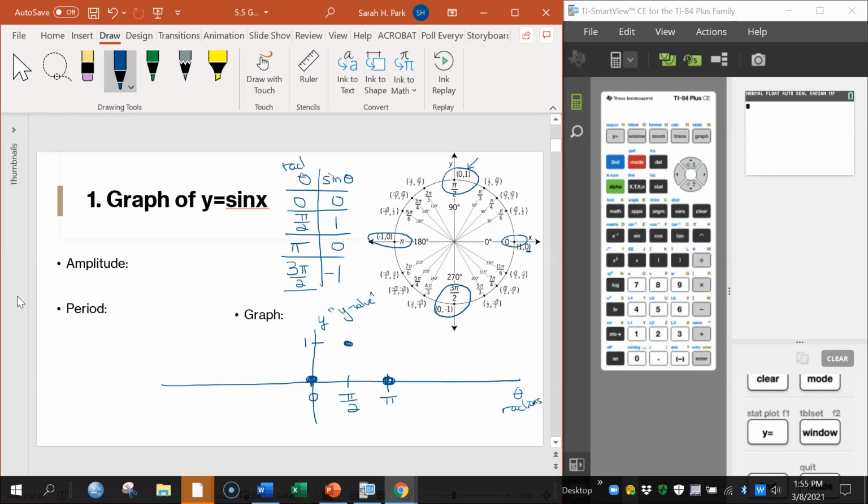And then lastly, we're going to go back to 2 pi, where it's 0. So at 3 pi over 2 it's -1, and back at 2 pi, we go to 0.